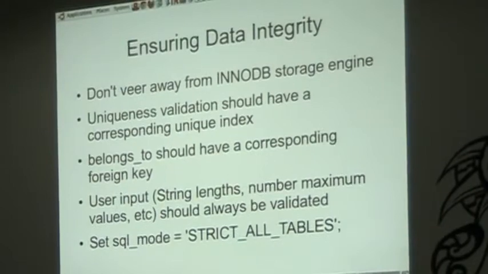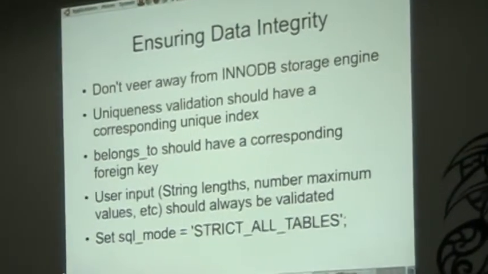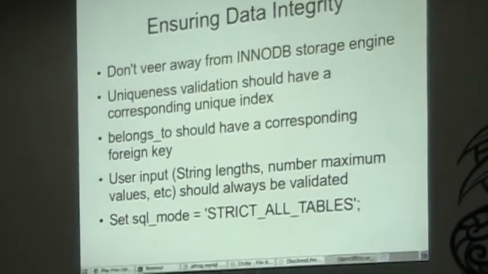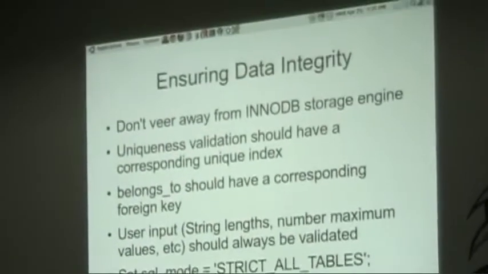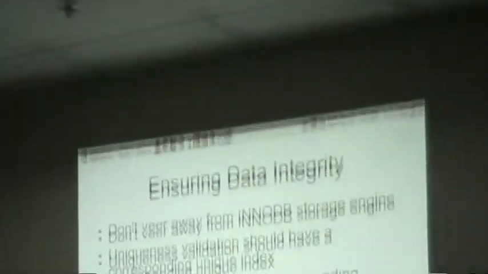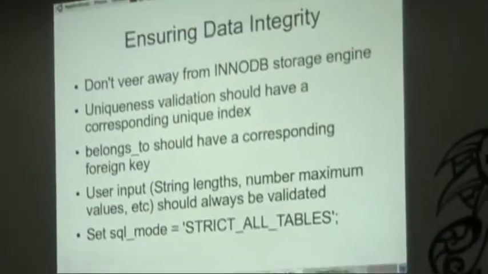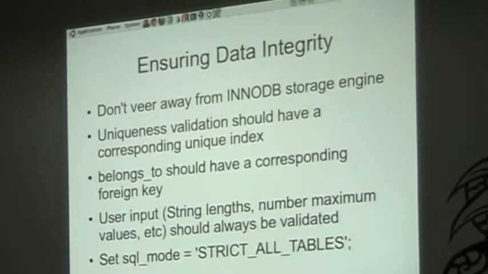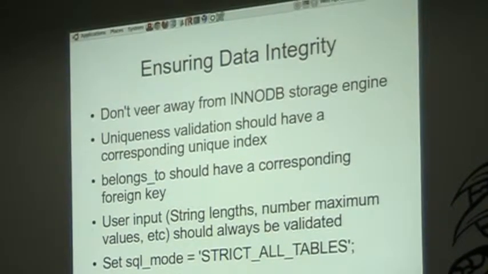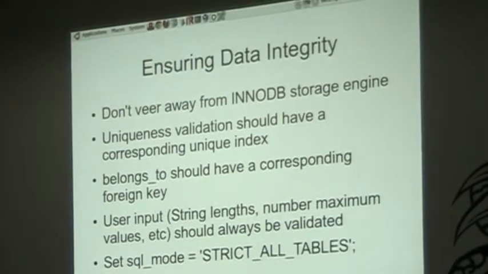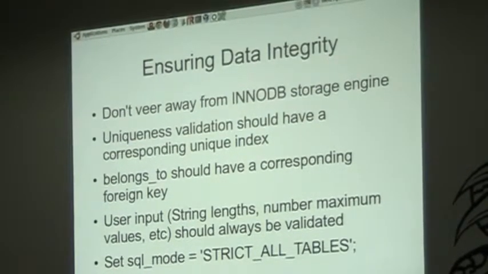So stay with InnoDB unless you have a really good reason not to. Like maybe if you want to do a full text search, which requires MyISAM tables. So what you would do there is to just make your lookup table MyISAM. The rest should remain in InnoDB.